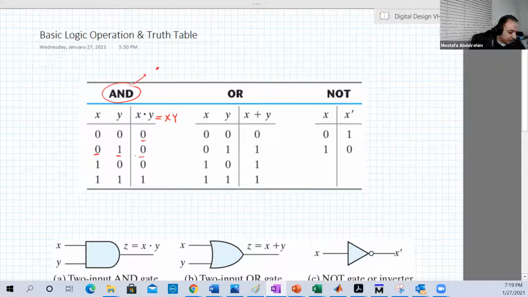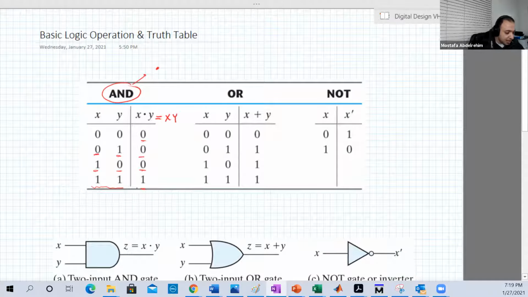Okay, if x is satisfied and y is not satisfied, again don't do this operation, until we reach the final possible combination that x and y can take, which is 1, 1, which means true and true, or x condition is satisfied, y condition is satisfied, then do the operation. Then the output here is 1.